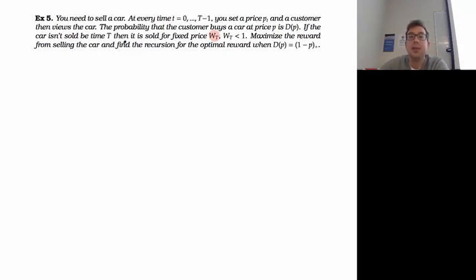Now, what we're going to do is solve that problem. Find the recursion, following our Bellman's equation, which I'll restate above, for the optimal reward, when the probability of selling the car is given by 1 minus P of t. So the higher I put up the price, the less the demand is going to be.